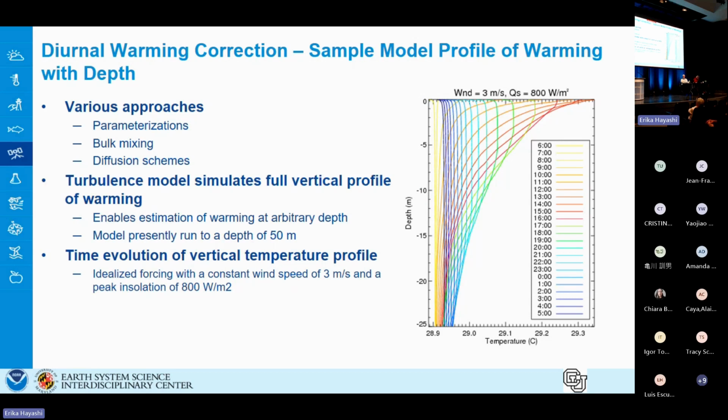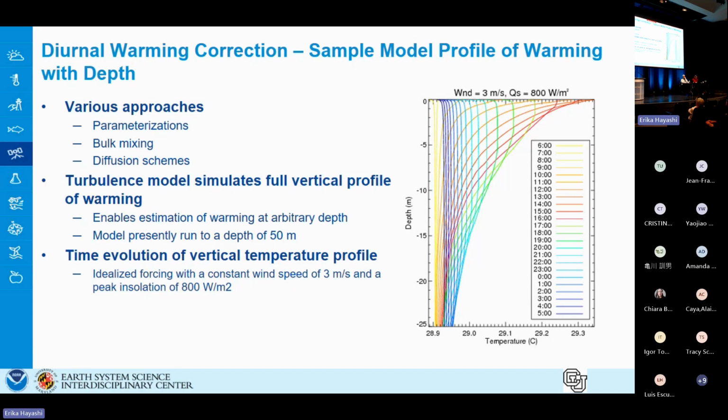It's a diffusion scheme, so it's basically turbulence closure, and the current iteration has 100 and something levels in the model, so it could be regarded as close to the state of the art. You've got simple parameterizations, you've got bulk mixing schemes, which have sort of instantaneous mixing, and then diffusion schemes like this.